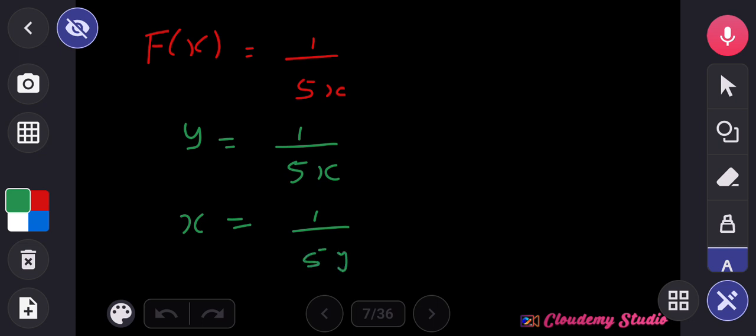And what's the next thing? Make y the subject of the formula, by doing what? By cross multiplying. In cross multiplying, we can just say multiply both sides by 5. Therefore, multiplying both sides by 5, I'm going to be having 5x equals 5 over 5y.